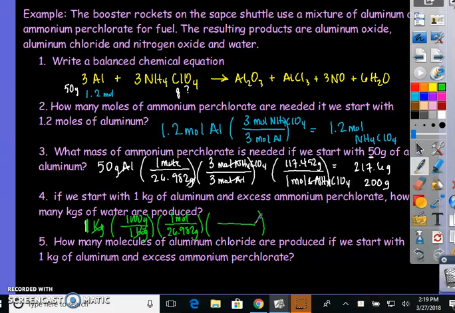And they want us to calculate how many kilograms of water. So we're going to be going to water. So kilograms of water. All right, so for every 3 moles of aluminum, because here's the section where I go to my balanced chemical equation, I have 6 moles of water. The last part of the equation, for every 1 mole of water, I have about 18.006 grams.